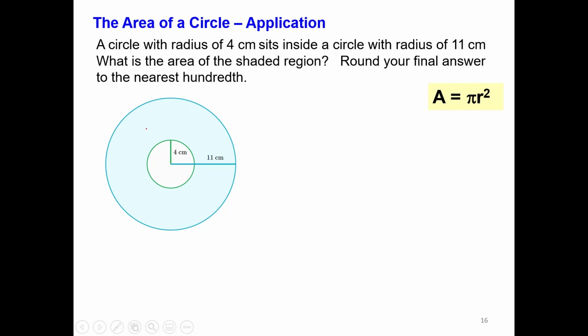And we want to round your final answer to the nearest 100.